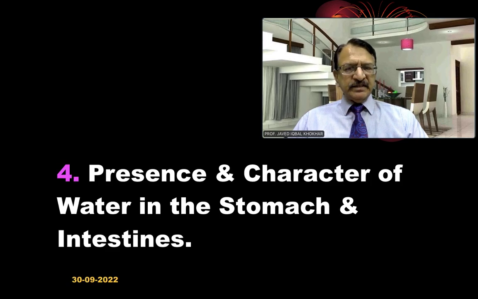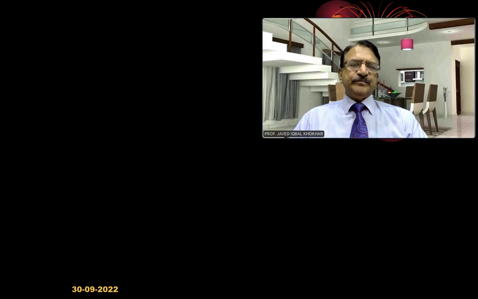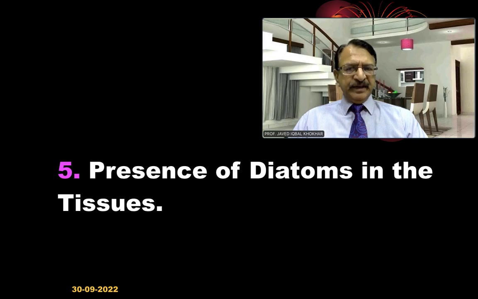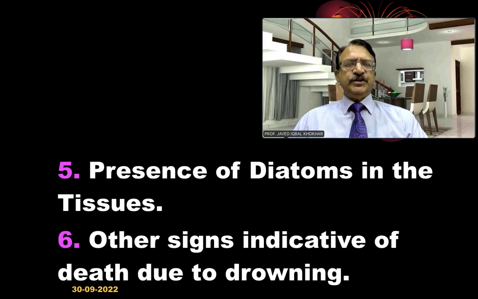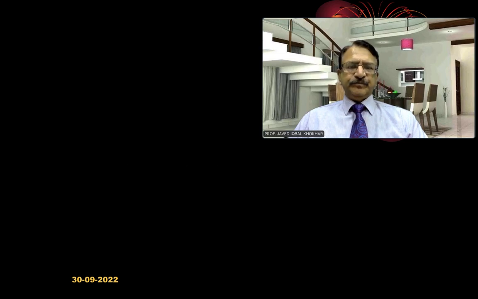Then the presence and the characters of water in the stomach and intestine. Then the presence of diatoms in the tissues and certain other signs which are indicative of death due to drowning. So these are internal signs which are pathognomonic that the death is due to drowning.